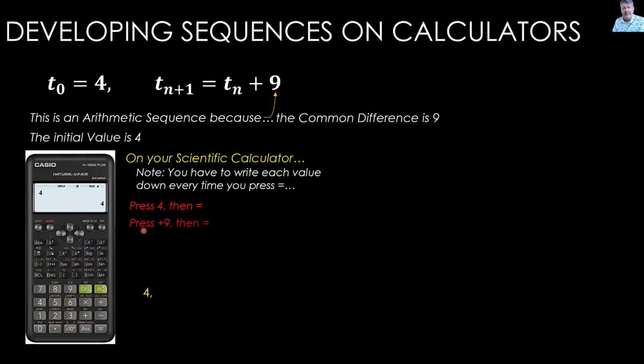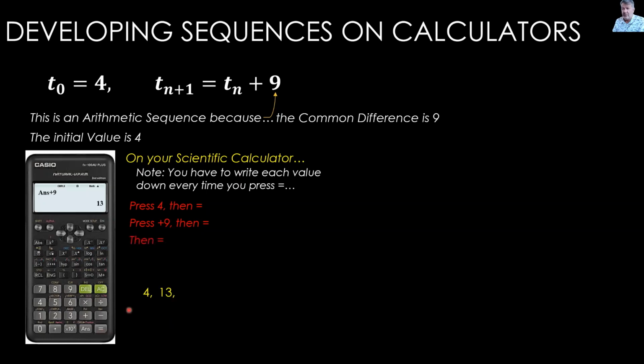Next step, our common difference is +9. So we're going to press +9 and then hit equals again. And you see what happens here. Answer +9 equals 13. You have to write the 13 down. From then on, it's really easy.